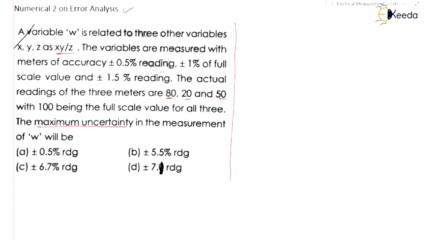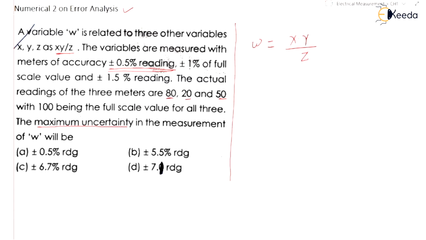First of all, note the given data. It is given that w is equal to x into y upon z. Next, the meter which is used to measure the variable x has accuracy of plus minus 0.5% of the reading. Be careful.